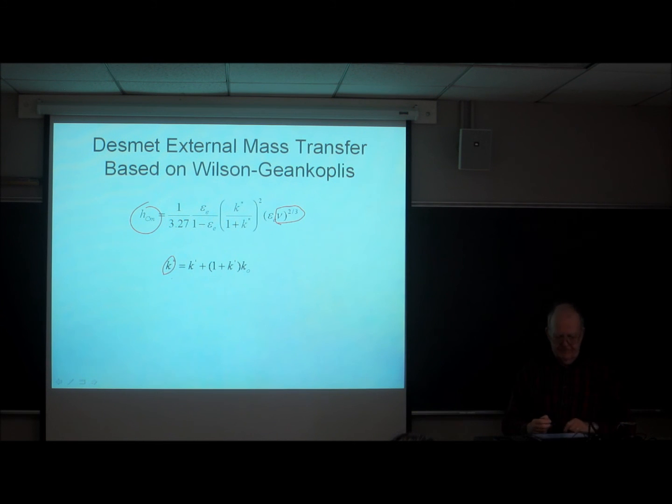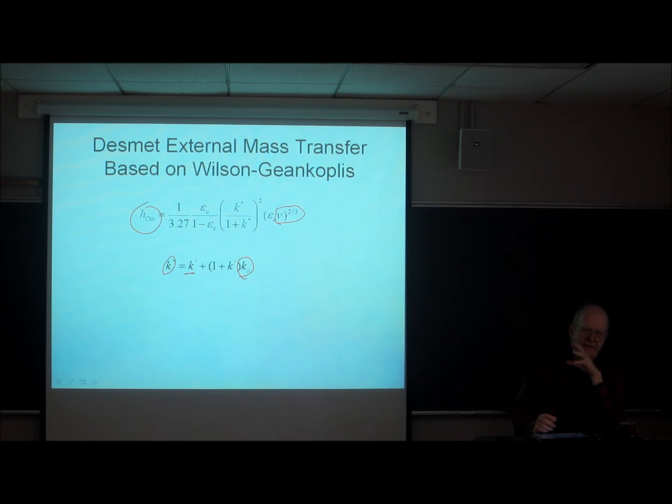k double prime is this combination of the two kinds of retention factors, the regular chemical retention factor and k naught, the retention factor due to the existence of pores in the stationary phase. So if you have a non-porous stationary phase, k naught is 0, the second term is 0, and k double prime equals k single prime.